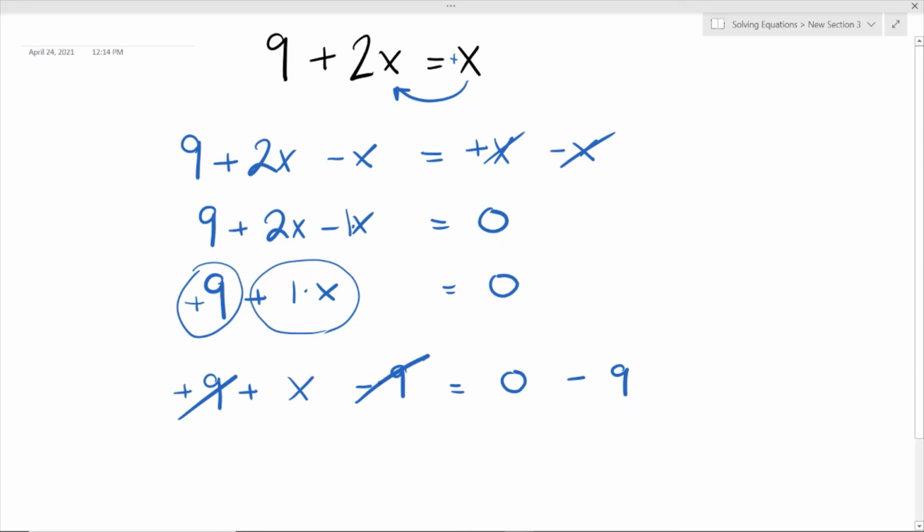The signs in front of it also get canceled. This is just positive x, which is just x. We don't need to write the plus sign, really, but you could, but usually it's not written when it's just the first term. 0 minus 9 gives us negative 9, and thus we have x is equal to negative 9. So we have found our x right here.